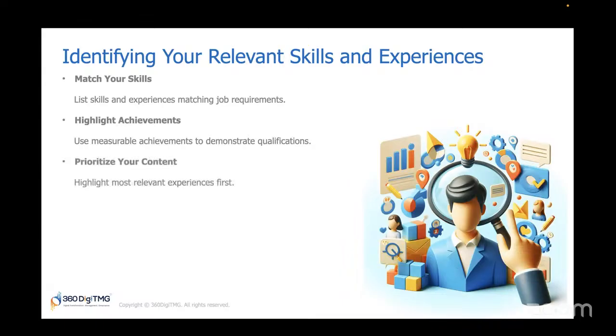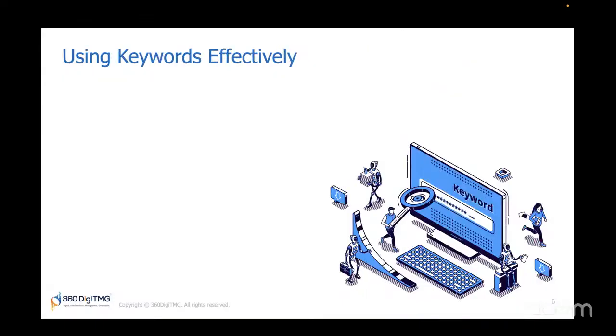Always prioritize the most recent experience first, be it a project or a previous job. And keep your resume updated regularly with whatever new skills and achievements you gather while experiencing the role.